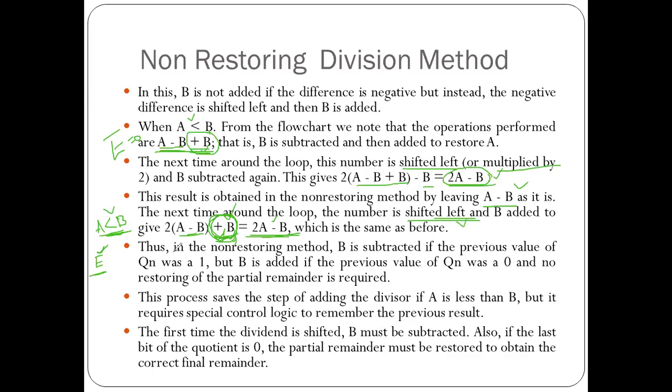We will shift and then add B to get the same result. But this addition of B has to be done only when A is less than B. Otherwise, we should not do it. When we perform shift operation, the value available in E we will lose. It will be replaced with the most significant bit in A. Then how would we know whether to add B or continue with subtracting B?